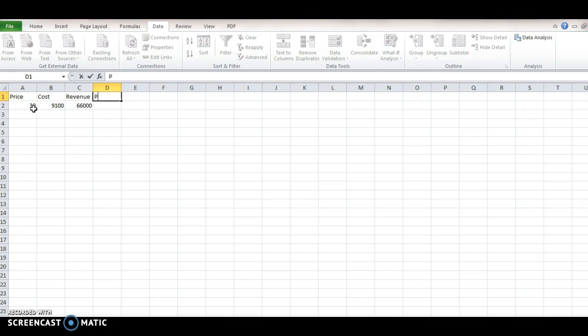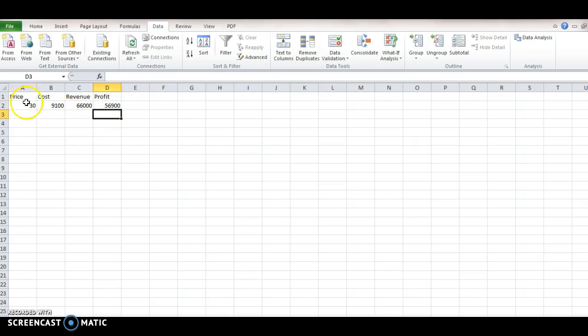And then again, profit is still calculated as revenue minus cost. I did the same thing. I clicked the wrong cells. Apologize for that. So equals, we want this one minus this one. Okay, so there's our profit.